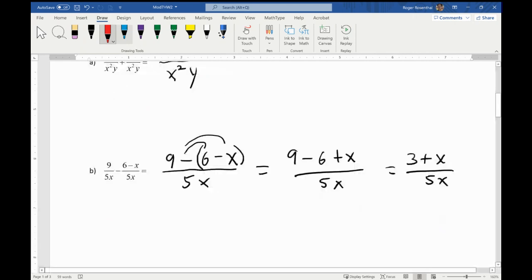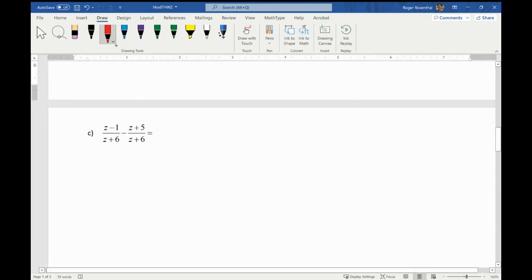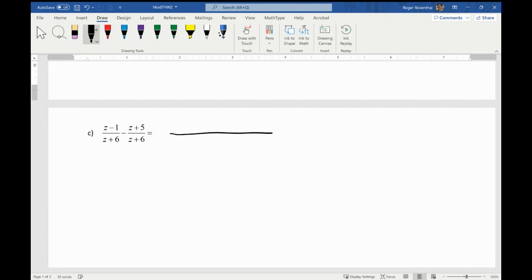Okay, let's go to the next one. Again, we already have common denominators. If we didn't, we couldn't subtract. So we're going to get z minus 1 minus z plus 5. Of course, we need to be subtracting the entire numerator, so we put that in parentheses. We copy down the common denominator.